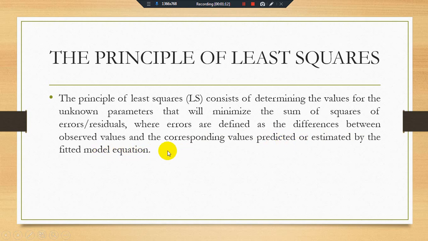So this means that the error is equal to observed or actual minus predicted or estimated value.